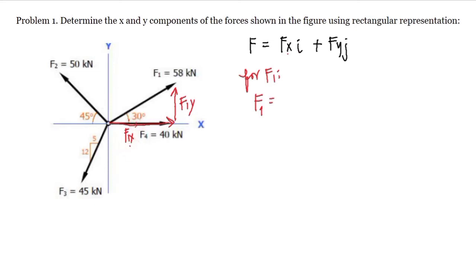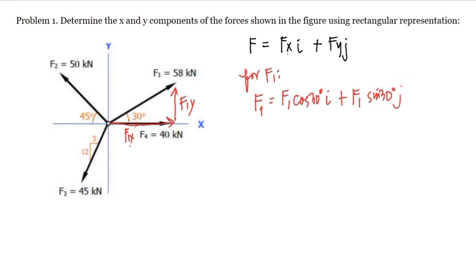So we have here F1 cosine of 30 degrees times i plus the F1y, so that's F1, the y component is opposite of the 30 degrees, so that's sine of 30 degrees times the component j.